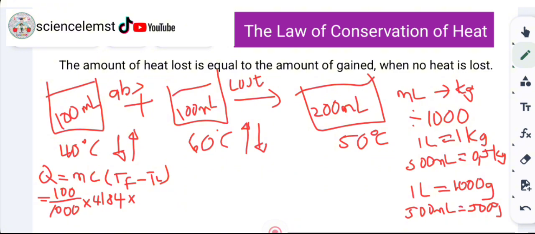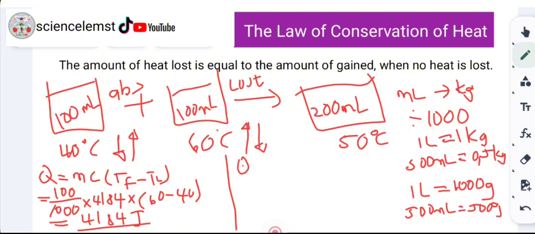So pay attention to the one that's given on the question paper so that you don't forfeit marks. So 60 minus 40. And then the final answer will be 4184 joules. Be careful with your units. No unit, no mark. So this is for Q absorbed.